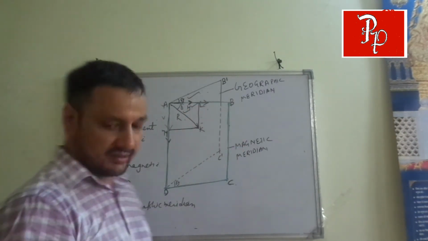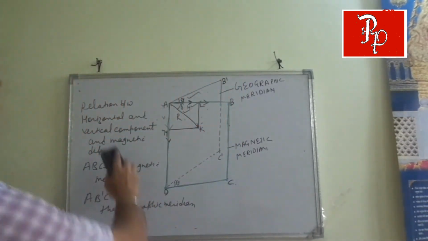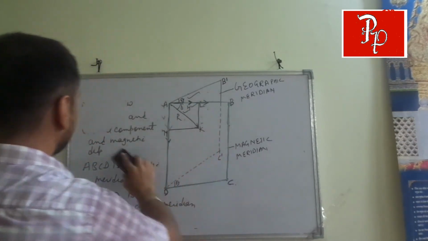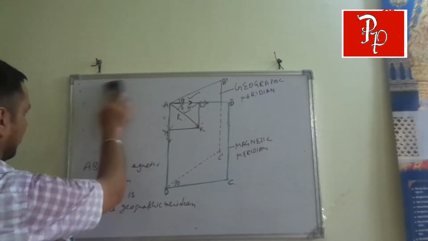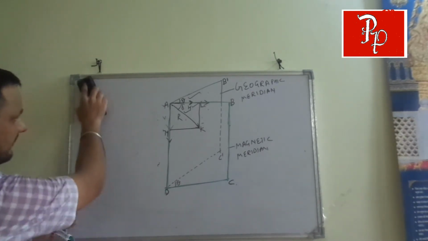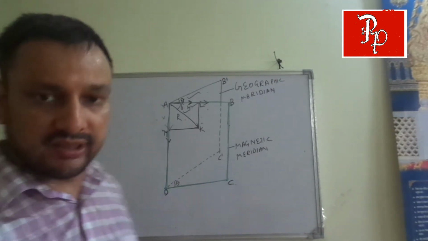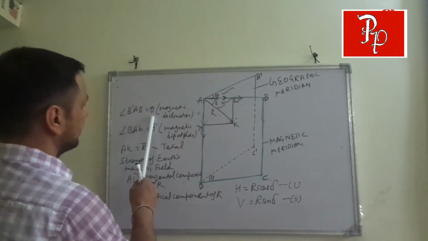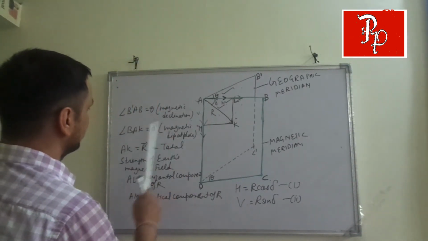Now let's see how to find this component. Let angle B'AB be theta. Let's do it in detail. So students, now angle B'AB is theta, that is magnetic declination.